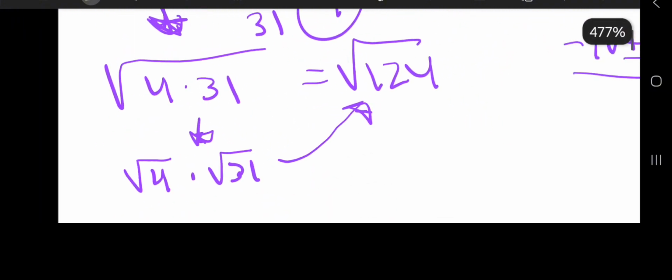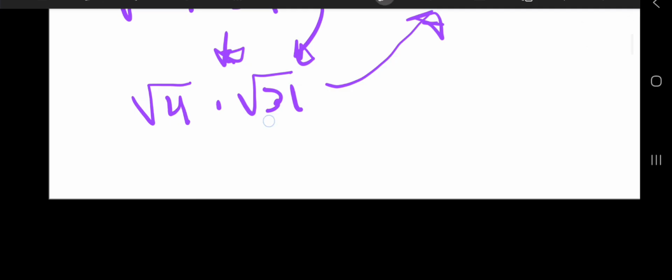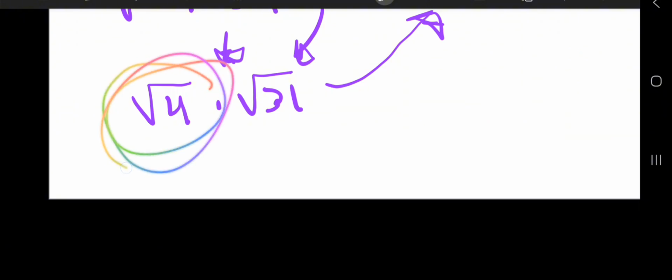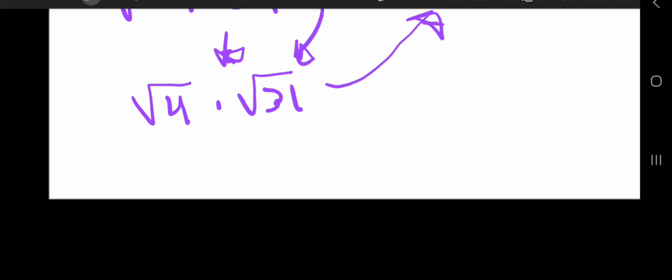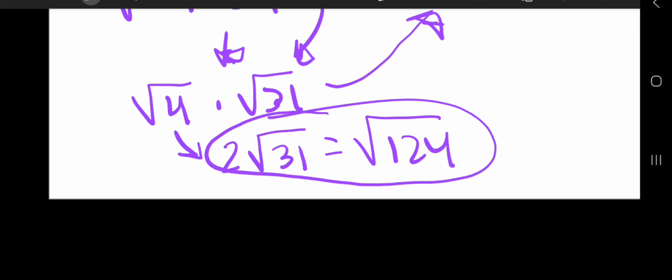But this little guy does not have a perfect square. You cannot just square root this and have a nice pretty number. But what you can square root and have a nice pretty number is 4. So an even simpler way to write this is 2, because the square root of 4 is 2, times the square root of 31, which is equal to the square root of 124. These two things are literally the exact same thing.